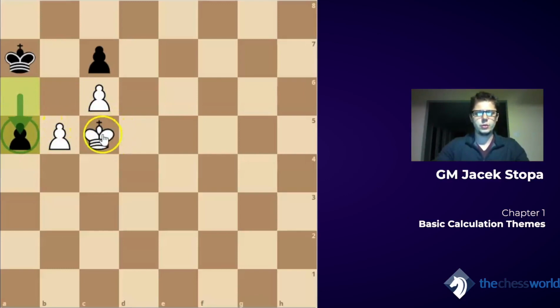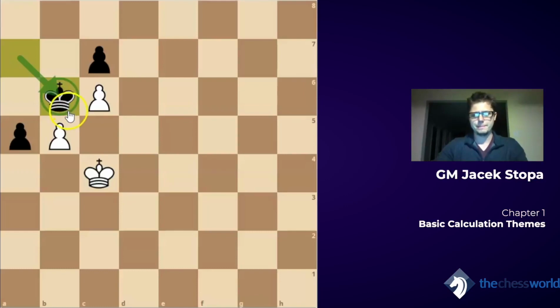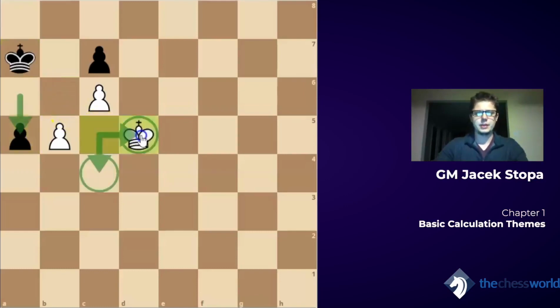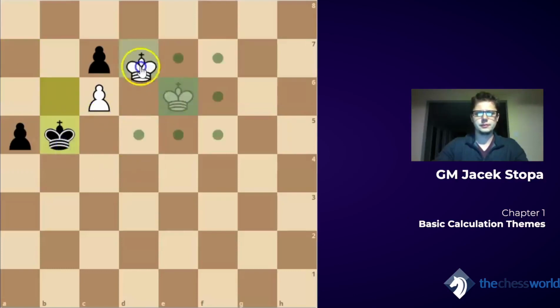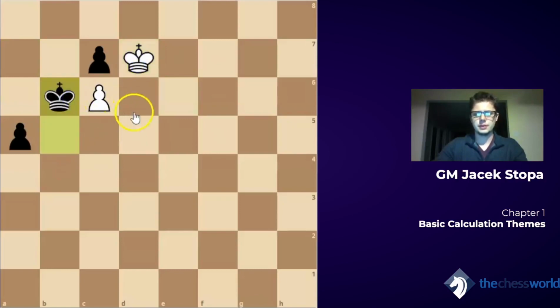The most intuitive looks king c4, perhaps, to show some respect to this pawn, maybe king d5, but this will run into the problem of king b6, where now this position will be lost. King d5, also king b6. We can't really do this, as this will be lost.